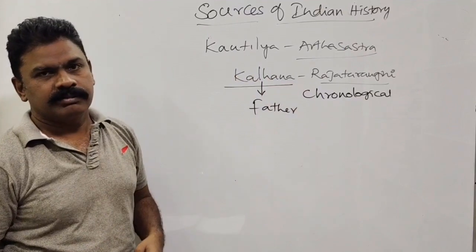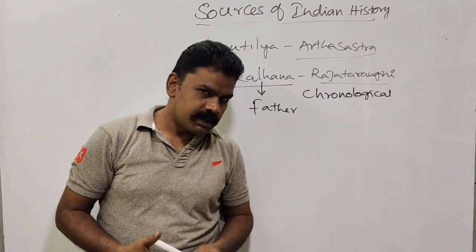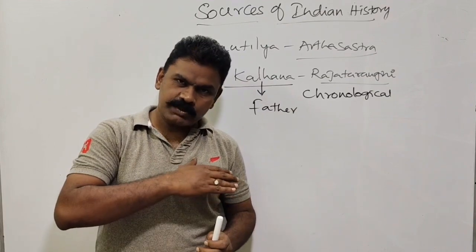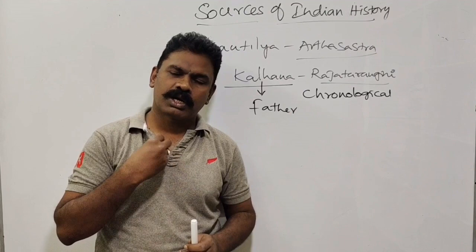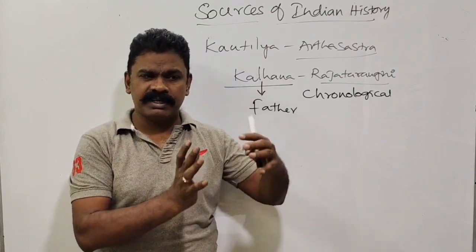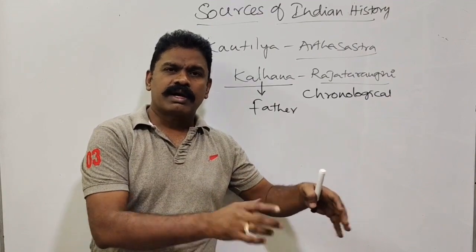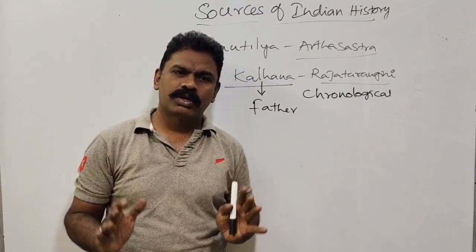Before Kalhana, if you go to the Puranas or the Mahabharata, they speak about many rulers of India, like the Vayu Purana, Vishnu Purana, Matsya Purana. All of these speak about many rulers of India, but they did not give the correct chronological order of the rulers. They gave the rulers, that's all.